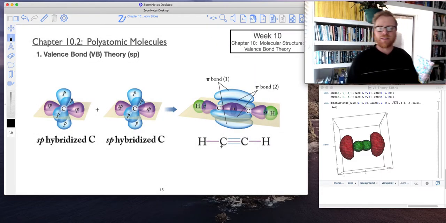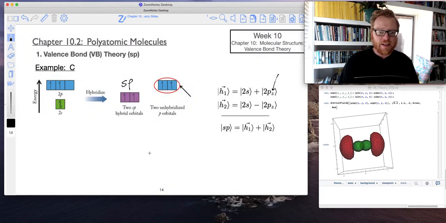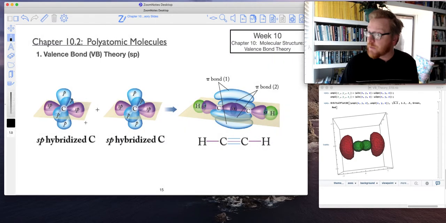And so now if we put together something like ethylene or acetylene, then what we should recognize here is when I go to look at this, my sp hybrid orbitals, I'm going to now have 2 extra electrons left over in p orbitals, right? And so that's given right here. So if I'm looking at this acetylene, then I know I've got an electron here in the sp, and I've got an electron here in the sp.